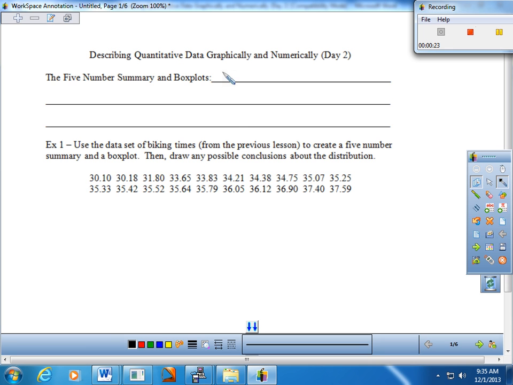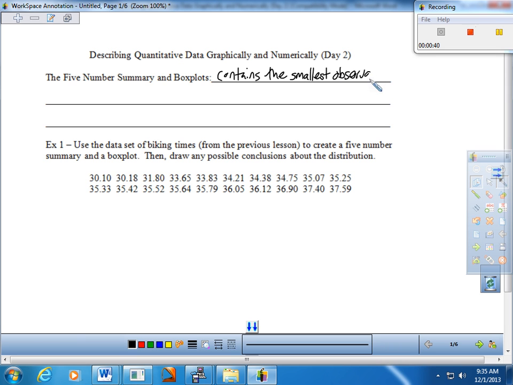And so this is what I have, and if you could write this in as well, that would be great. We can get started with a couple examples putting this together. So a 5-number summary contains 5 values. First is the smallest observation, or the minimum. The next value is the first quartile.